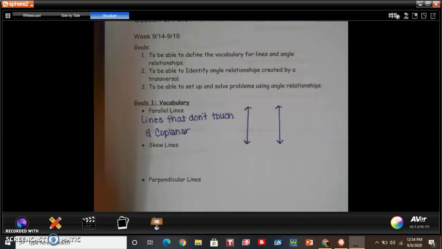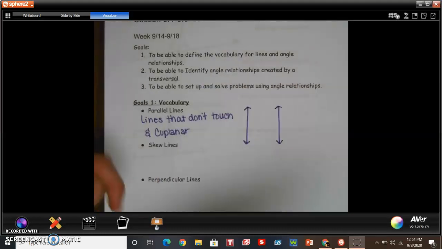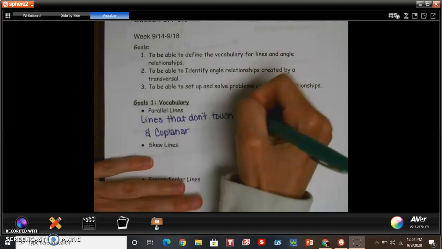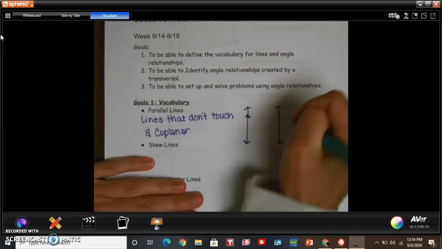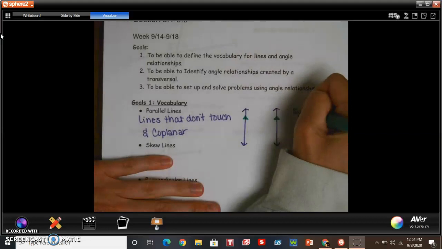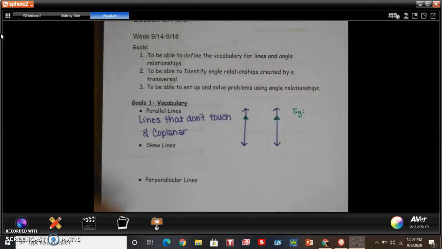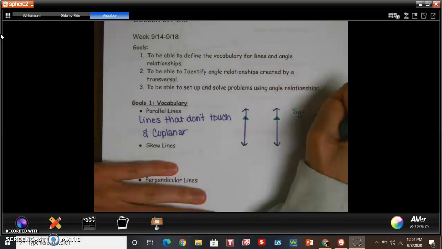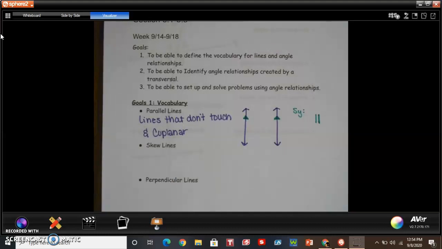The symbol for parallel, like if you were looking at this and you're like, are those lines parallel? They would have the same number of triangles like this. So because both of those have 1 triangle each, that means they're parallel. The symbol, like if you were to write a sentence, is this. This means parallel, okay?